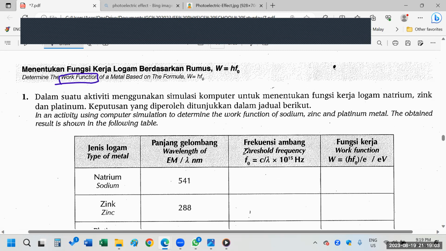Then what is the threshold frequency? Threshold frequency means the minimum frequency to achieve the work function. That's why work function means energy used to break the bond, which equals hf naught.